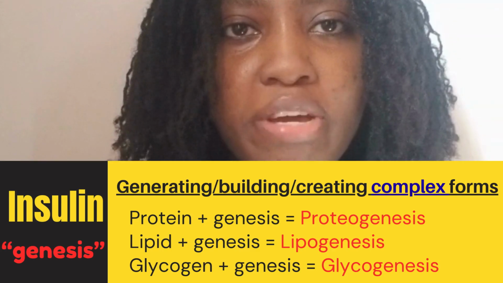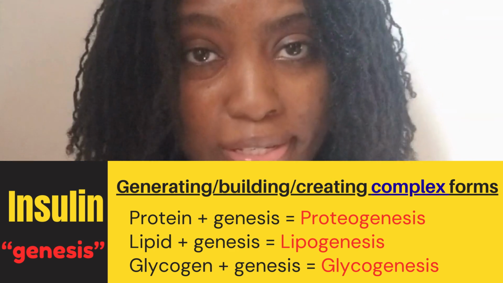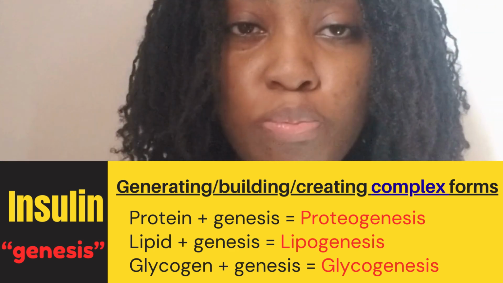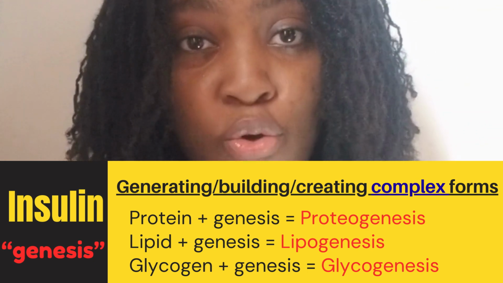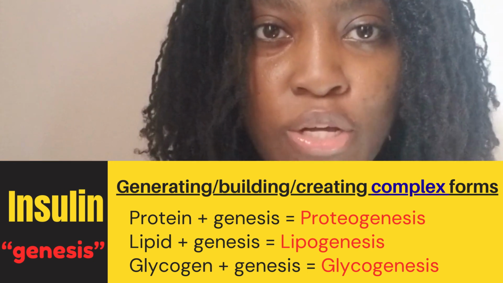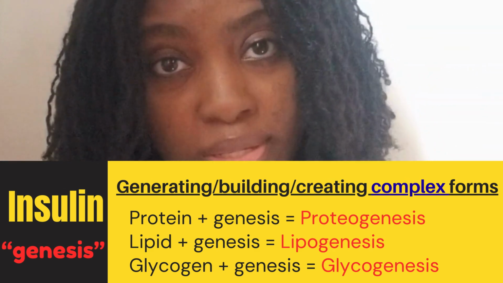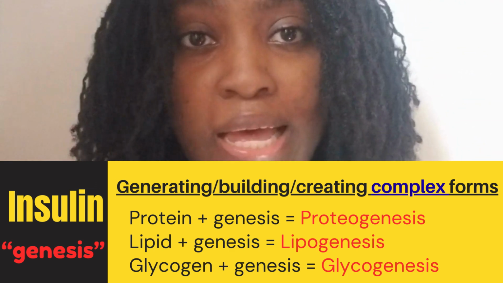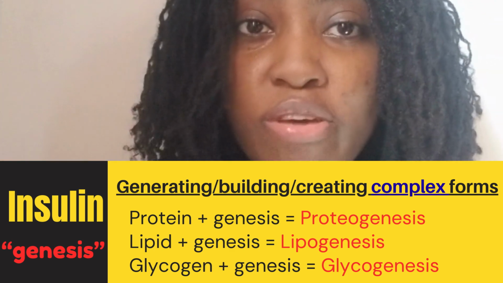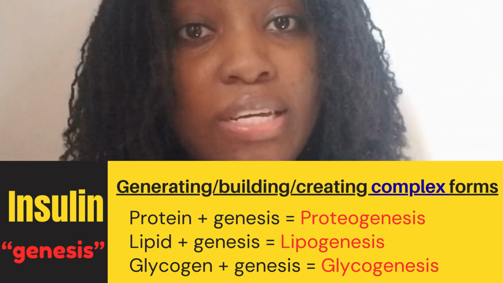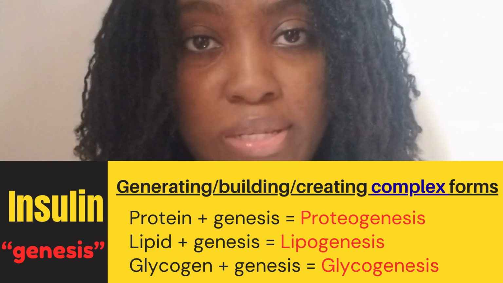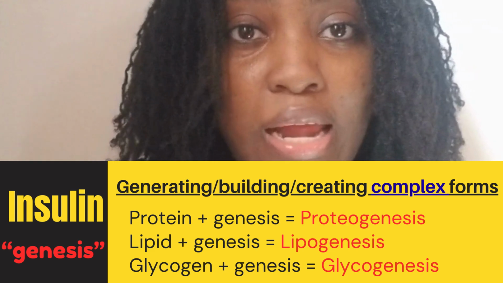Building or generating is called genesis. So if you want to build a protein from an amino acid, you just need to add genesis to protein. So you have proteogenesis. If you want to build a lipid from a free fatty acid, you just add genesis to lipid because you want to generate lipid. So you call that lipogenesis.